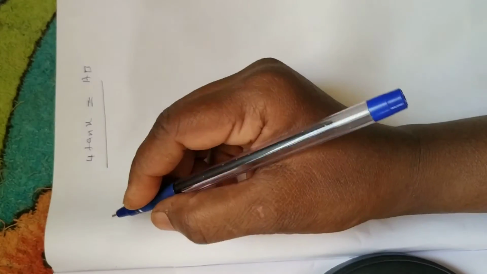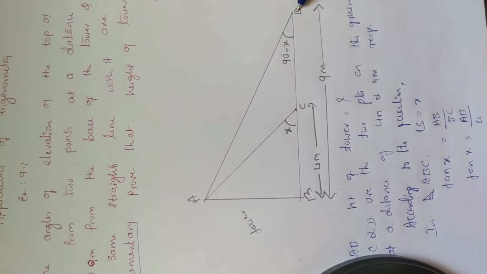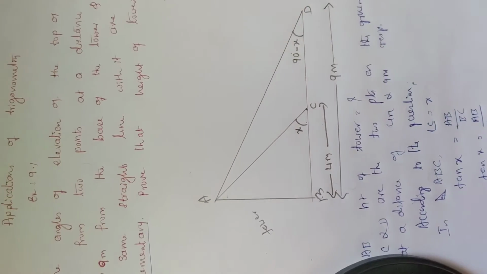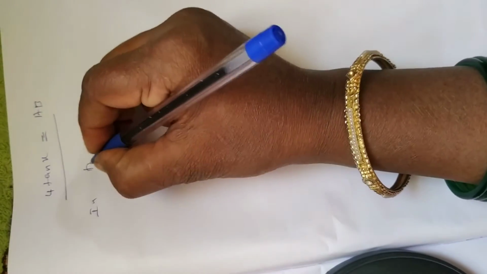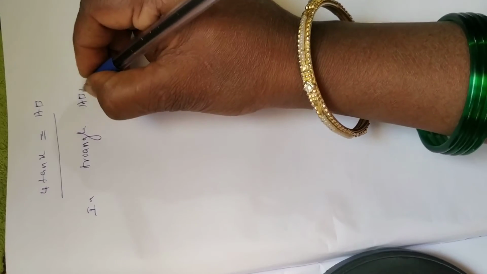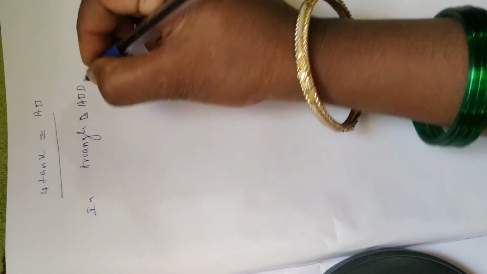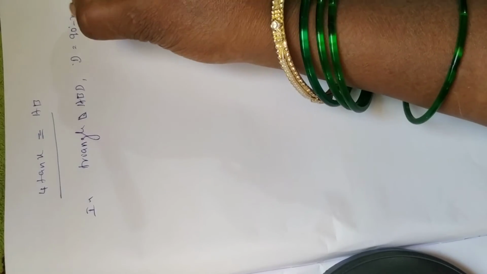Then again continue. One another triangle is there. What is the name of the triangle? One more triangle is ABD, a big triangle. In triangle ABD, the angle D is 90 degree minus x.